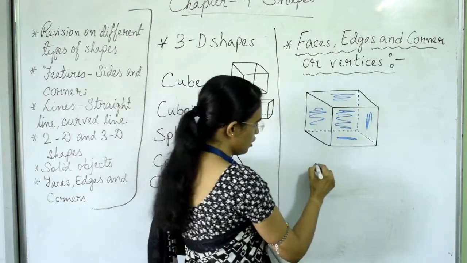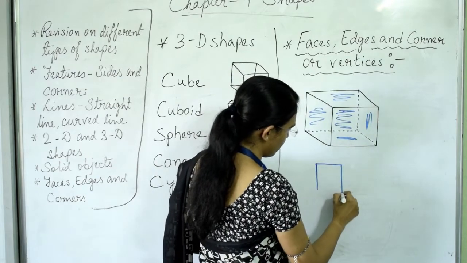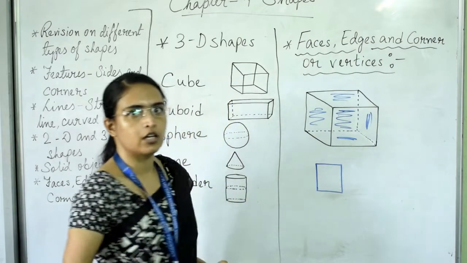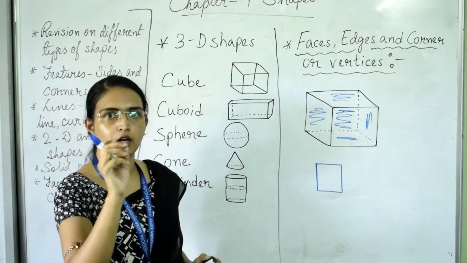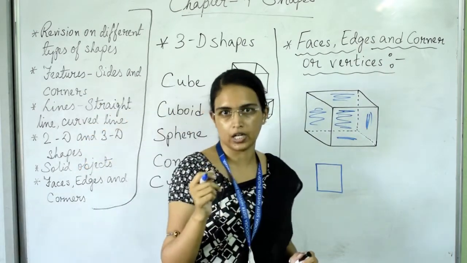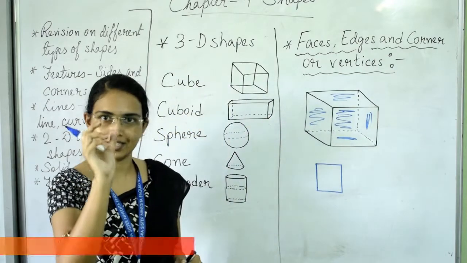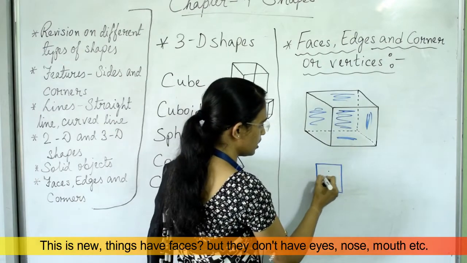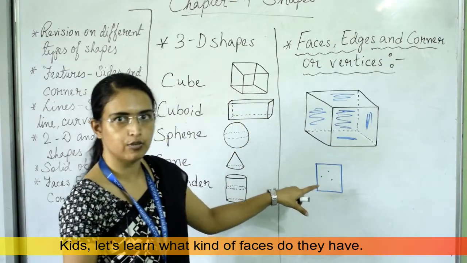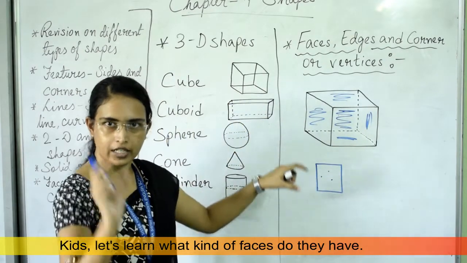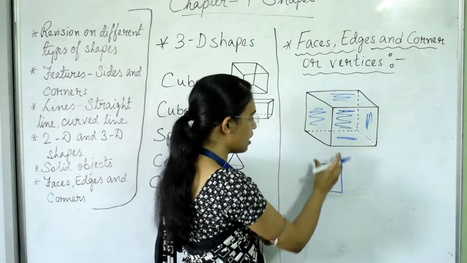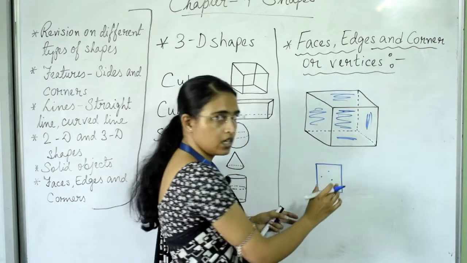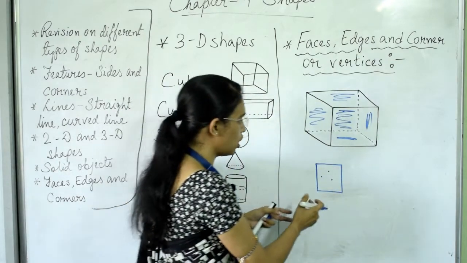That means if you have a cube, if you have a dice, we all play Ludo, right? In Ludo there is a dice. In dice, there are dots written in this way. Whatever we can see, that is called face.